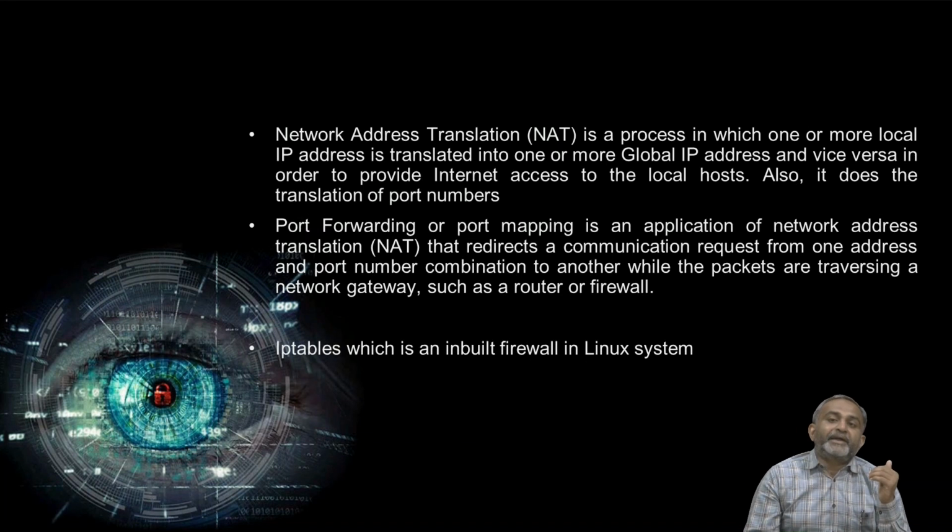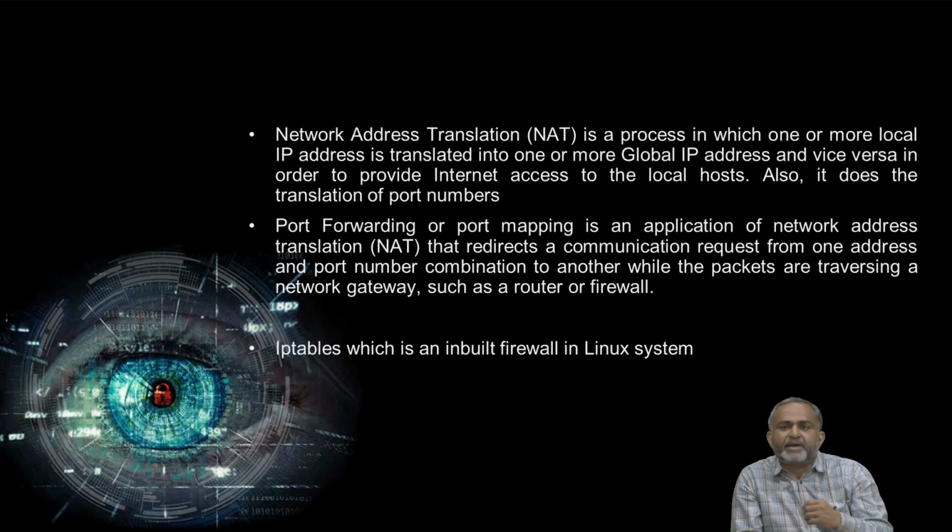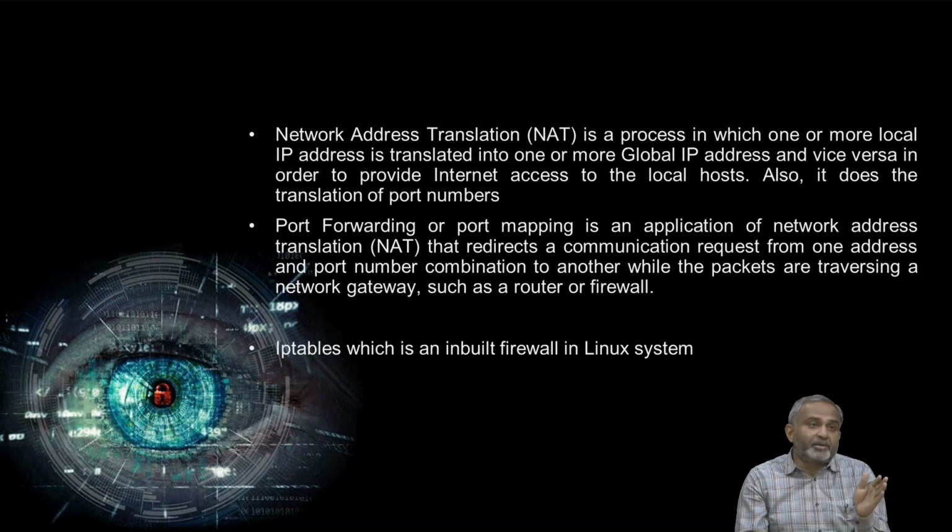So it also provides port translation. Now port translation, port forwarding or port mapping is important whenever it is required to hide the actual port, because sometimes it is very essential to hide the real port number from attackers, so they cannot directly launch an attack.